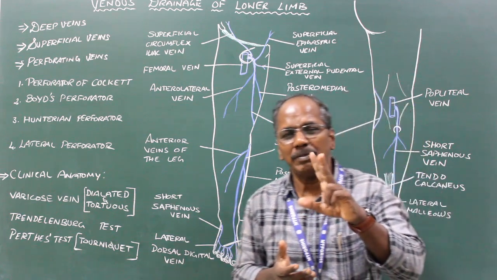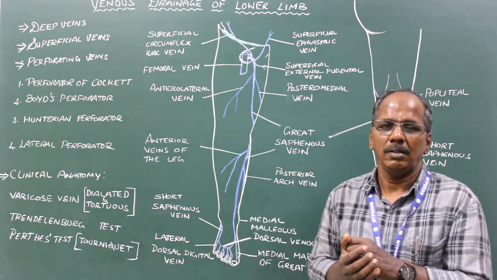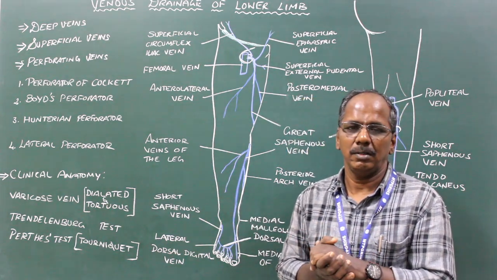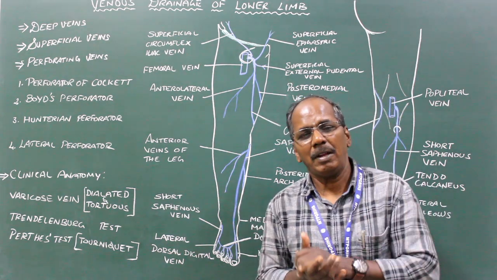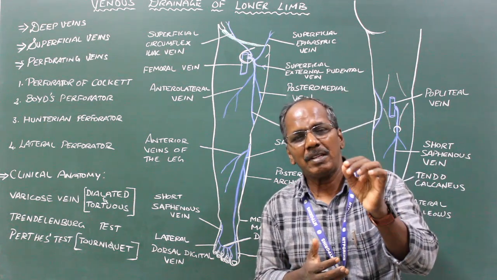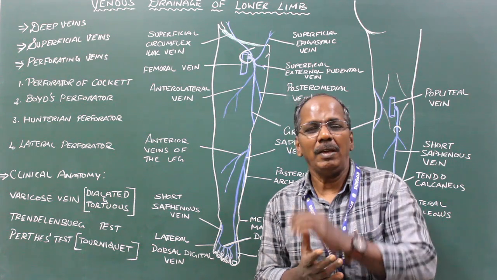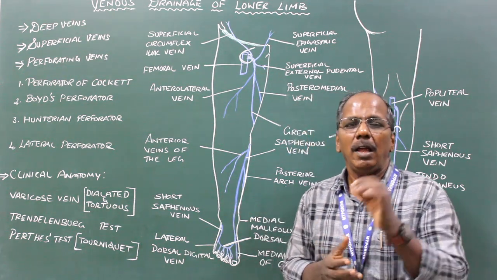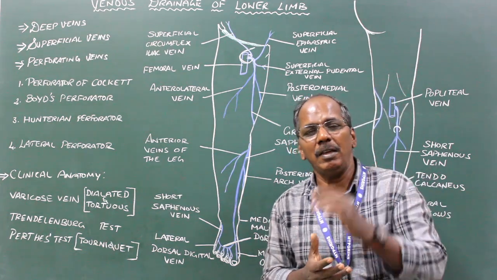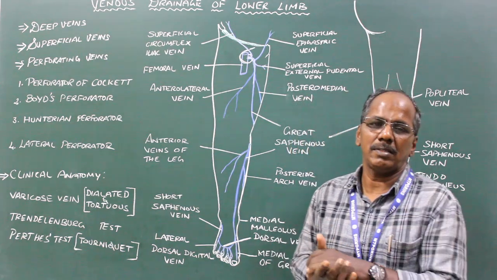There are two types of perforators: direct perforators and indirect perforators. Direct perforators connect the superficial veins with the deep veins directly. Indirect perforators connect the superficial veins with the deep veins through muscular veins.